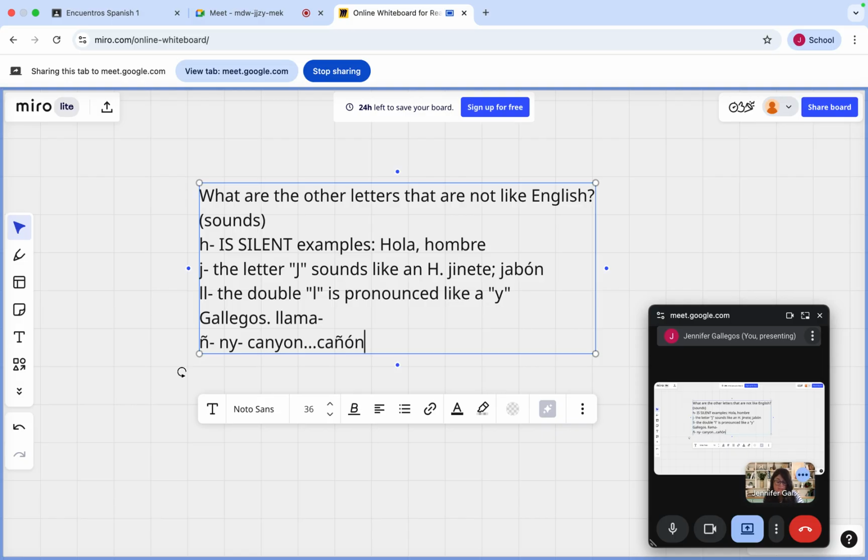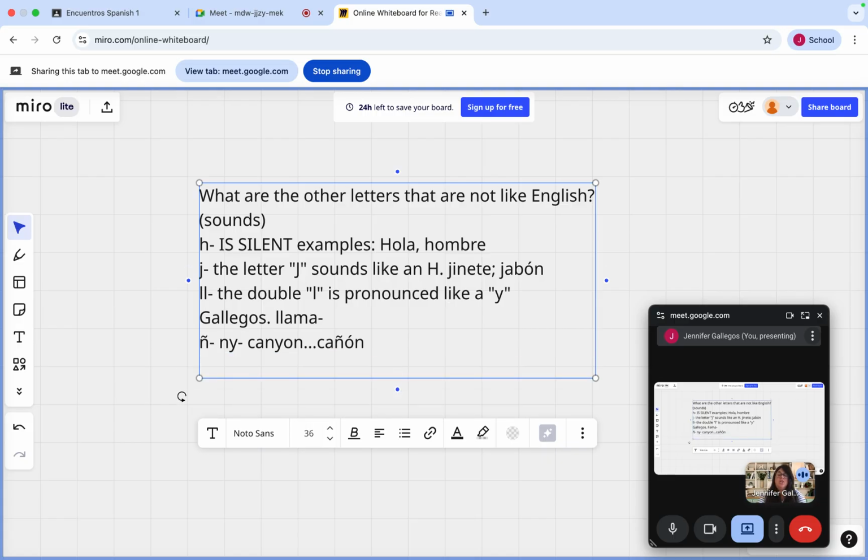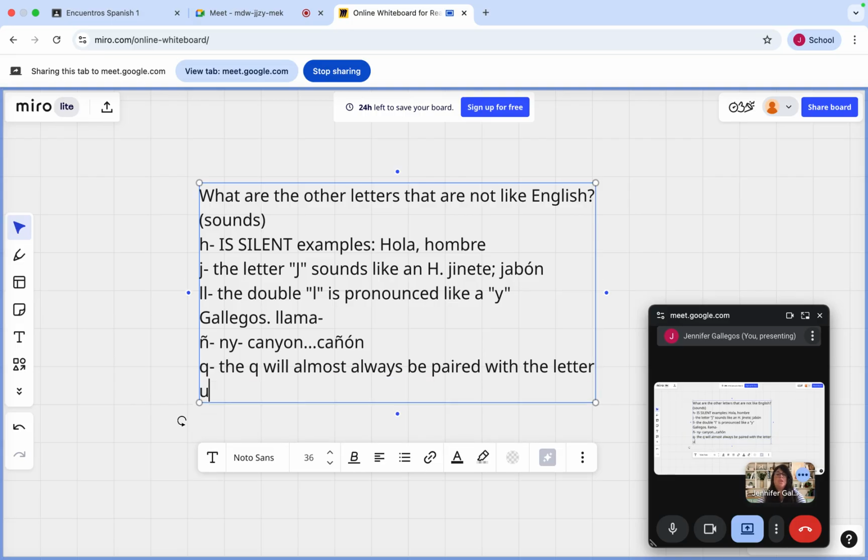Okay, just a couple more letters. We've got the letter Q. All right, now the Q will almost always, un momento, the letter Q will almost always be paired with the letter U. Okay?